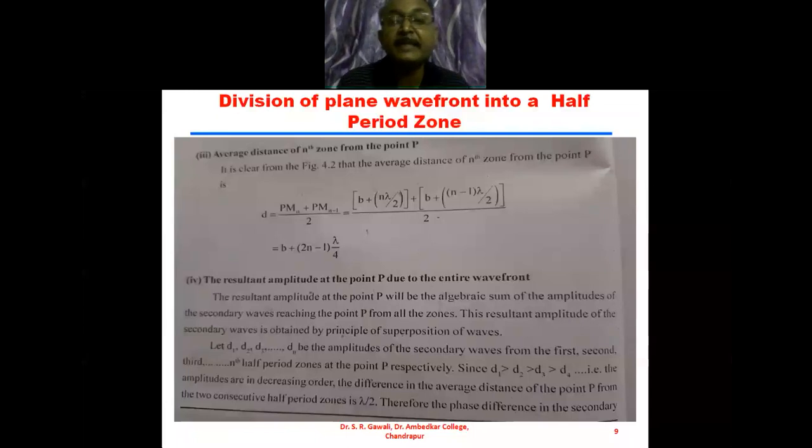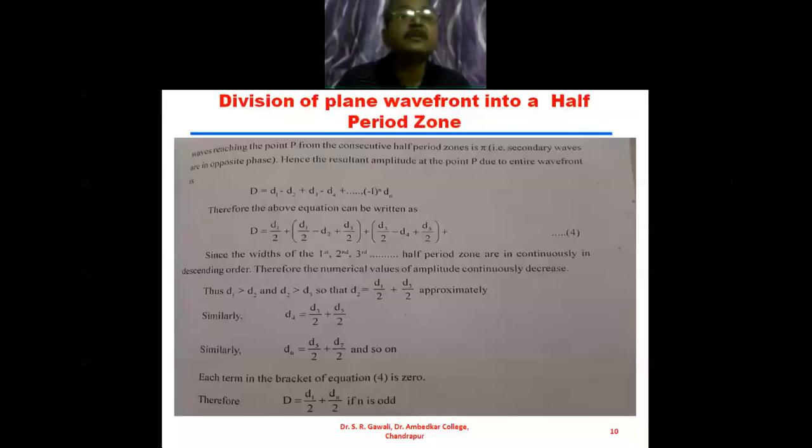So amplitude goes on decreasing successively, and therefore the difference in the average distance of the point from the two consecutive half period zones is lambda by 2, and therefore the phase difference in the secondary waves reaching the point P from the consecutive half period zones is pi, and therefore these waves are out of phase, and hence the resultant amplitude at the point P due to the entire wavefront is D is equal to D1 minus D2 plus D3 minus D4 and so on.